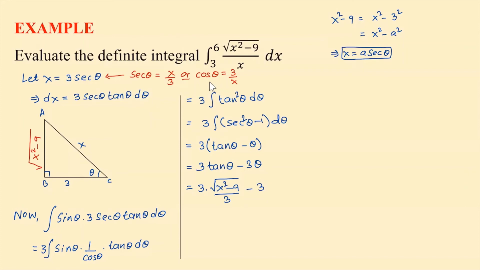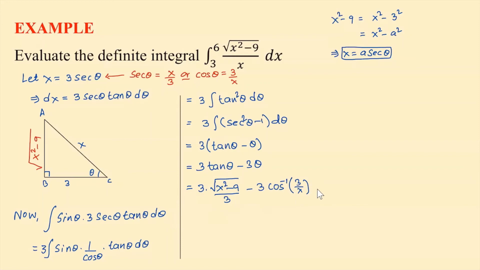We have cosine theta equal to 3 over x, so theta will be cosine inverse 3 over x. Or you can also use the first one, and write theta equal to secant inverse x over 3. It's the same thing.